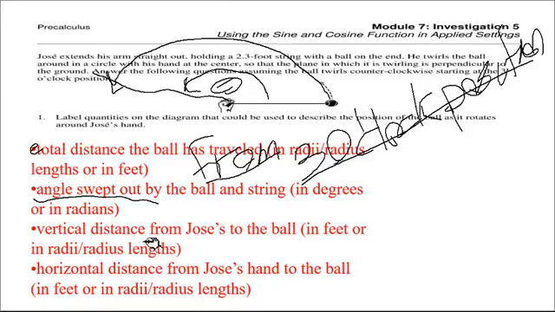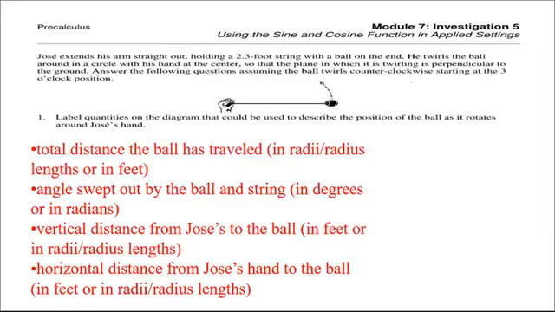Here we have the vertical distance from Jose's hand to the ball. I actually am not a fan of the wording here, because you might be led to think that the distance from his hand to the ball is the radius, because that's going to be fixed. But nope.